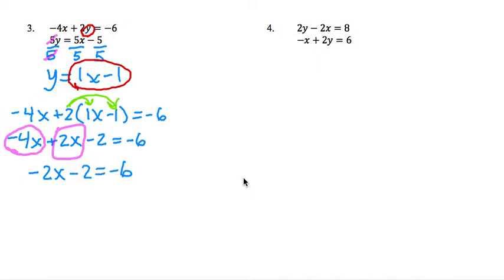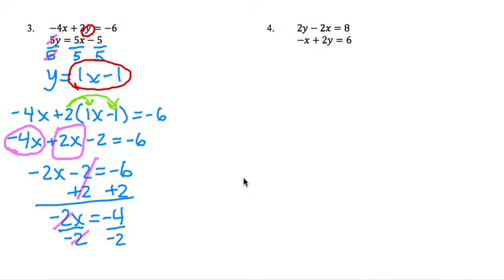So to finish solving for x, I can add 2 on both sides. These cancel. So -2x is equal to -4. And then divide by -2 on both sides. We know that a negative divided by a negative becomes a positive. So x is equal to +2.